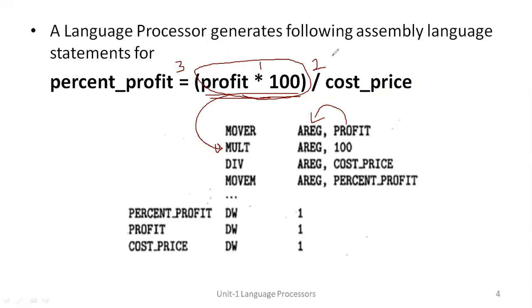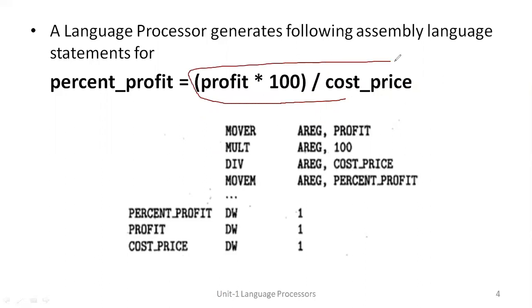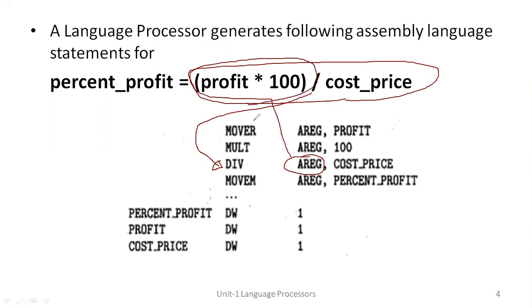So this particular operation of divide will be done by the DIV. Now what does this A register contain? A register contains profit into 100 divided by cost price.